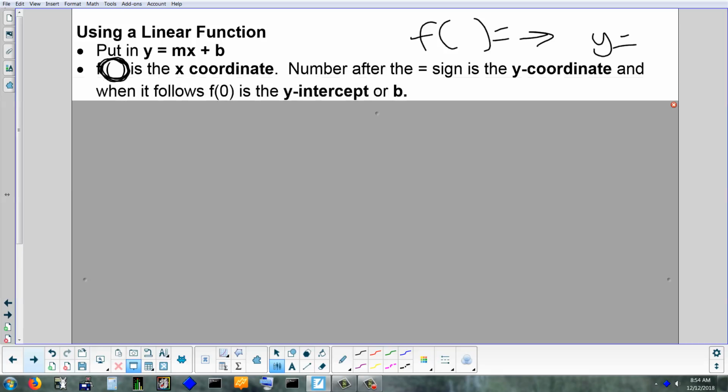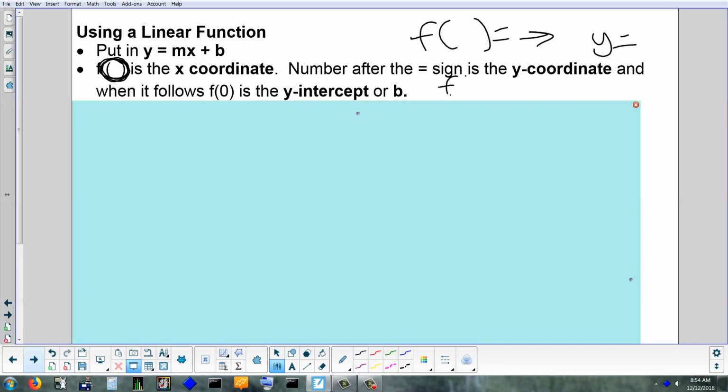For one of the function notations, we're going to give you f of 0. Whatever number comes after f of 0 is your y-intercept. Let's say we gave you f of 0 equals -2. Here's my x, 0.